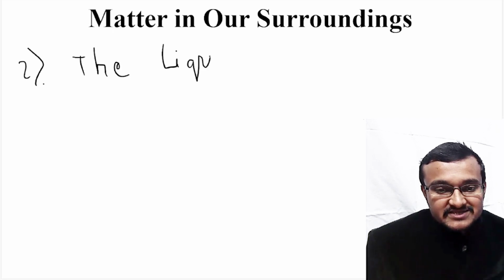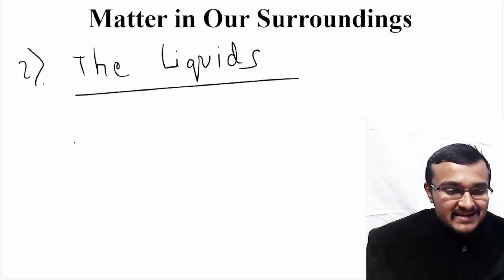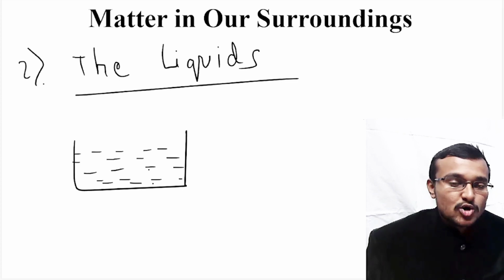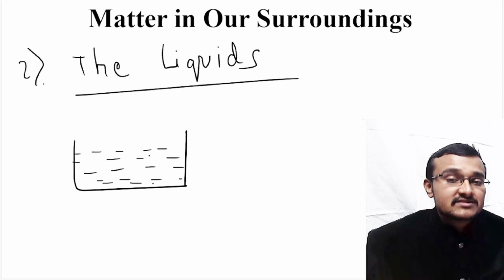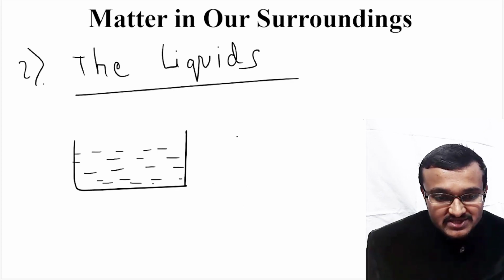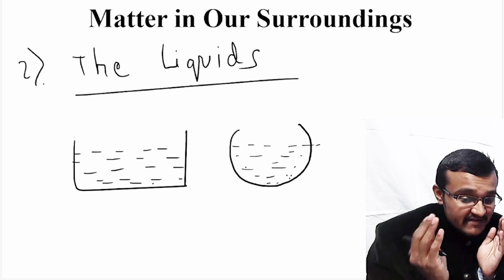Here, liquids don't have a particular definite shape. If you take the example of water, you can see that if you put water in a square or rectangular bucket like this, the shape of water remains rectangular. If you put the same amount of water in a circular container, you will see that water has a circular shape.